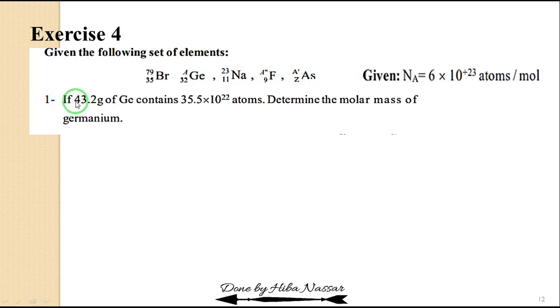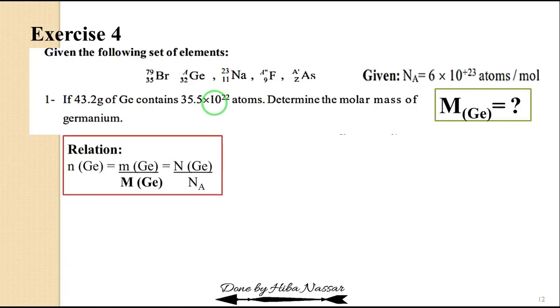Now moving to exercise 4, given the following set of elements. Question number 1, if 43.2 gram of germanium contains 35.5 times 10 to the power 22 atoms, determine the molar mass of germanium. So you have to find capital letter M, the molar mass for this element. Here we have small letter m, the mass 43.2 gram, and you have the capital N, the number of atoms.